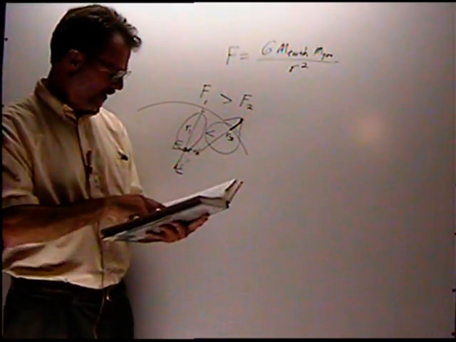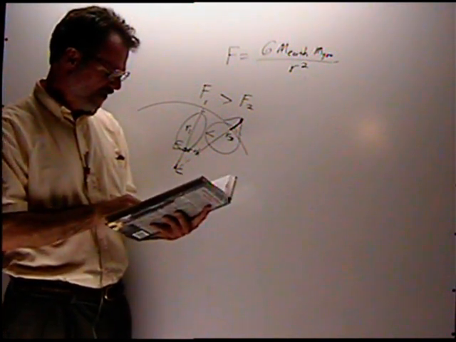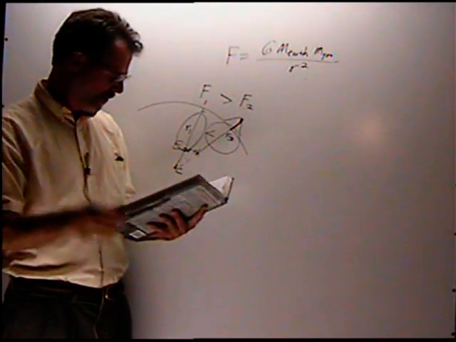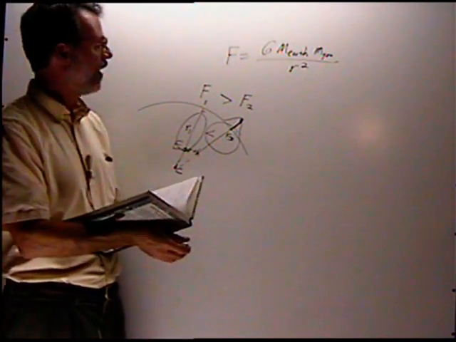Okay, number 8. Two objects are in close proximity to each other. If the distance between them suddenly doubles, what happens to the strength of the mutual gravitational attraction?